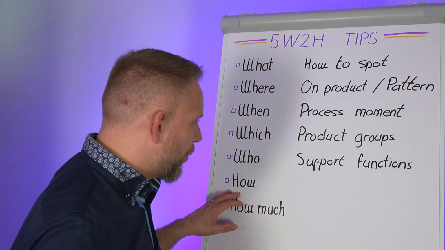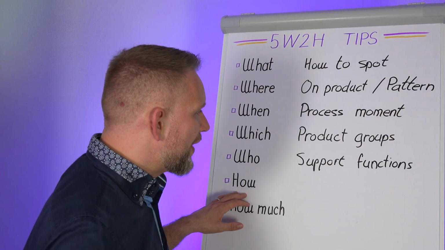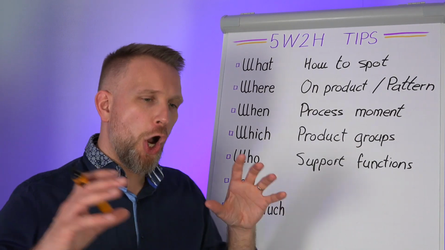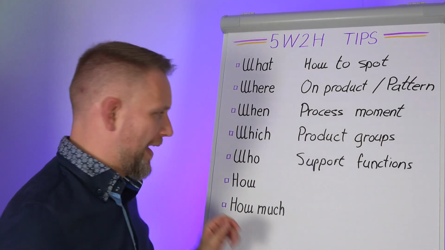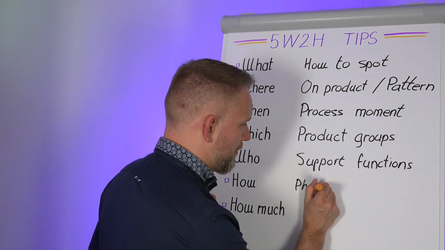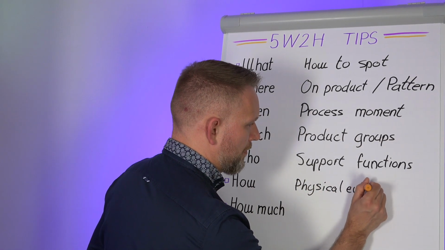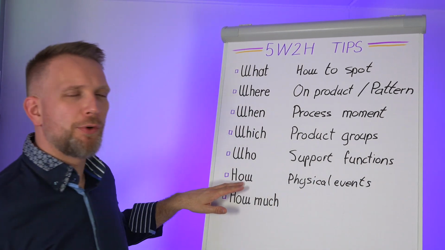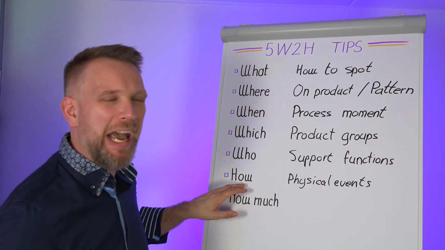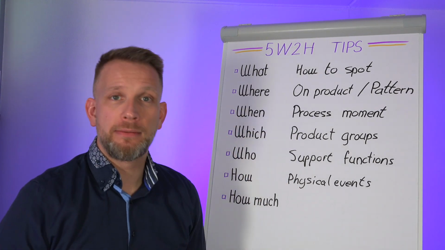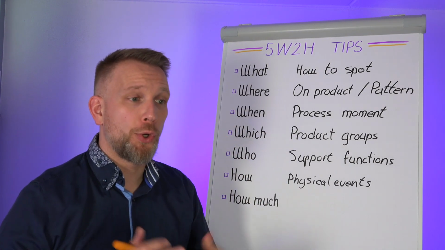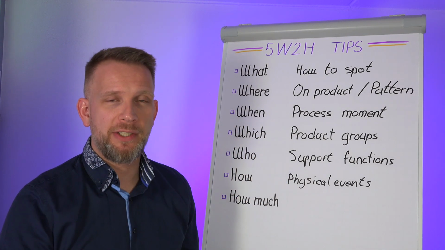Now, on that one, you also really want to keep to those physical things, so observable physical events. Don't go into any of the reasoning how it may have occurred. Don't go diving into the root cause of how could we have allowed this part to deteriorate.